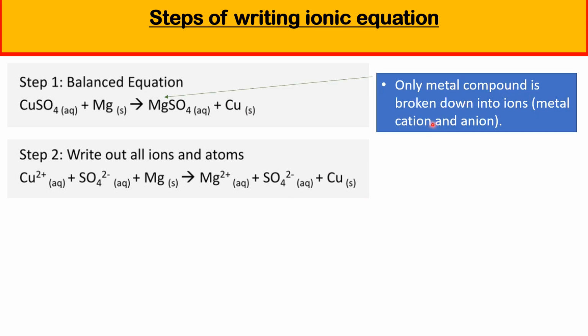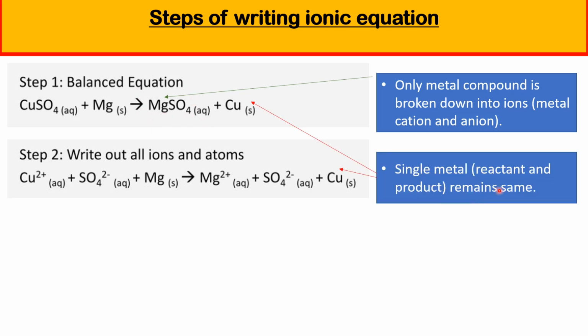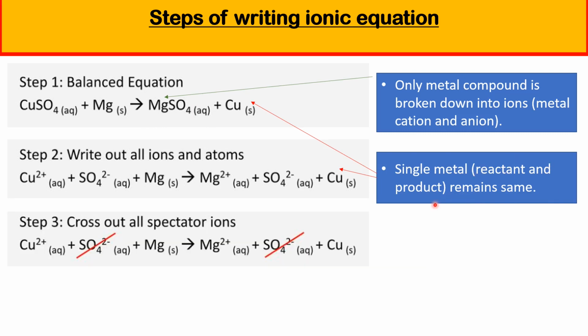Only the metal compound is to be broken down into ions, that is, a metal cation and an anion. A single metal will remain the same, either on the reactant or product side. Next step is to cross out all the spectator ions.